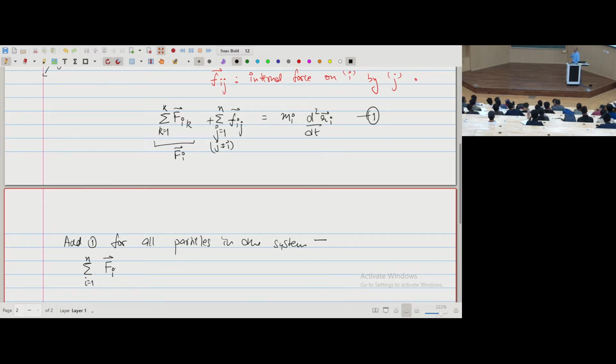This allows me to write this as this. So now I can add the external forces on all the particles. This is to avoid the double summation here.